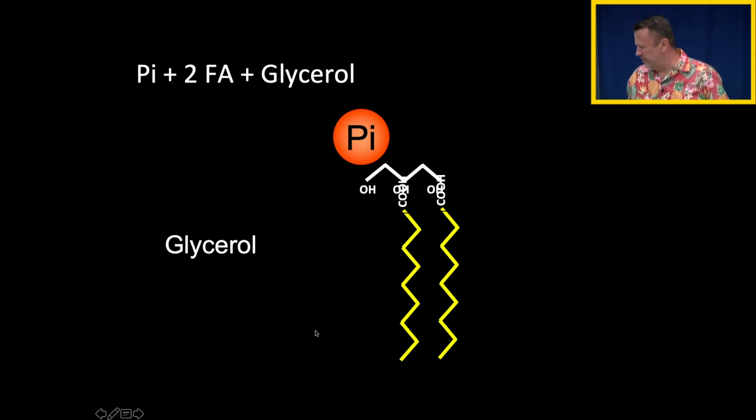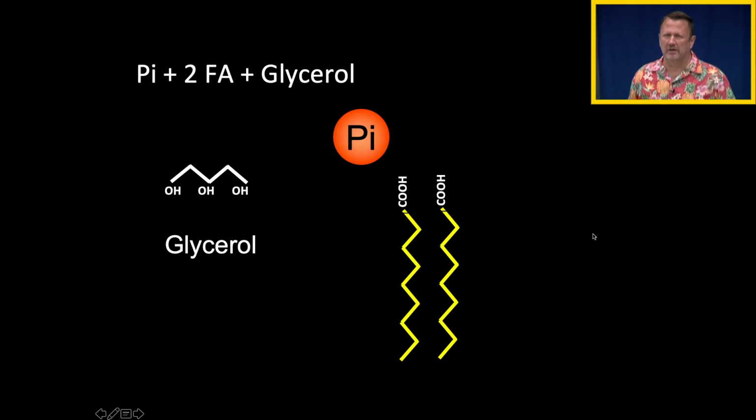We'll go backwards a second. There's 3 places where this glycerol can react. Do you see where I'm getting with this? Instead of an inorganic phosphate, if we had a 3rd fatty acid right here and we put the glycerol in it, we'd have a triglyceride. Right?